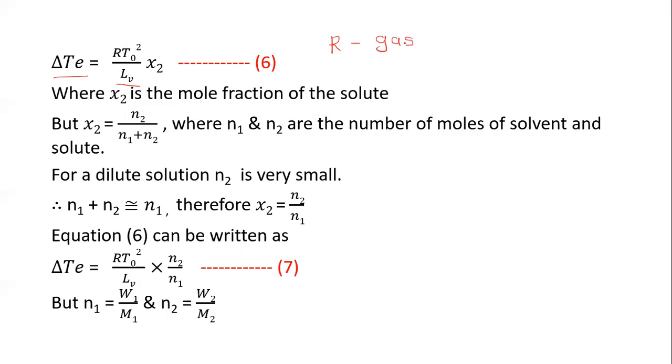Suppose the solvent is water. The boiling point of water is 373 Kelvin, which is a constant value. So the boiling point of the solvent is also constant. LV is the latent heat of vaporization per mole of the solvent, so this value cannot be changed. So R is constant, T0 is constant, LV is constant.